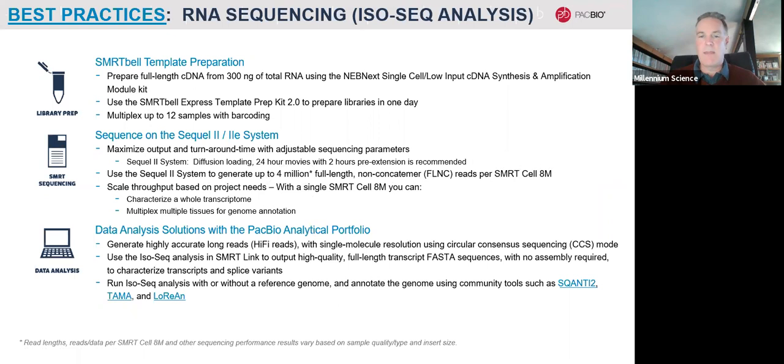You can up that Q-score. The example I gave was Q20, but you could up it to Q30 if you wanted to go to 99.9% accuracy, and that's what people are tending to do now, because the reads are so accurate. The filtering still doesn't remove many reads that are less than Q30, so that's great. So that's a roundup of your best practices for running ISO-SEQ with PacBio Sequel II.